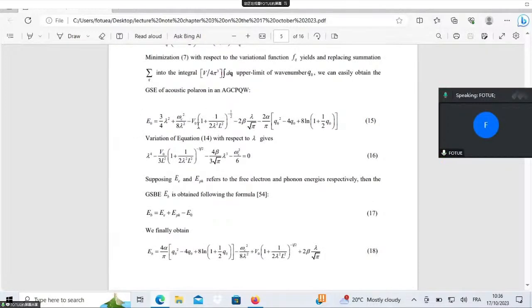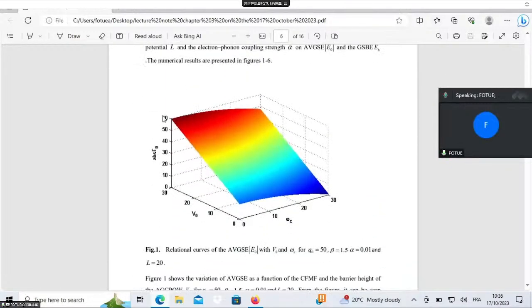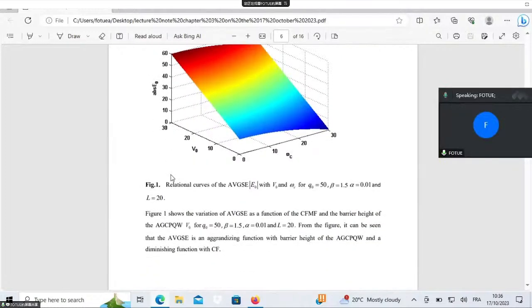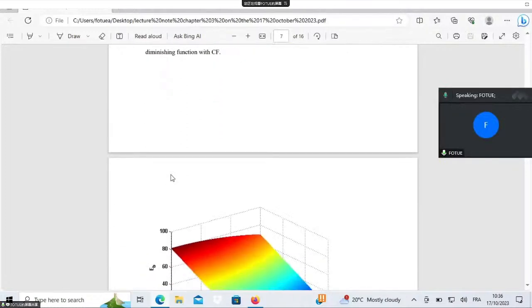We can see that this has a negative value, while this has a positive value. It means that the effect of the cyclotron frequency will be the contrary of the effect of the height of the asymmetric Gaussian potential confinement quantum well. That's why, as this is decreasing with the increasing of the cyclotron frequency, this one is increased with the absolute value of the cyclotron frequency.